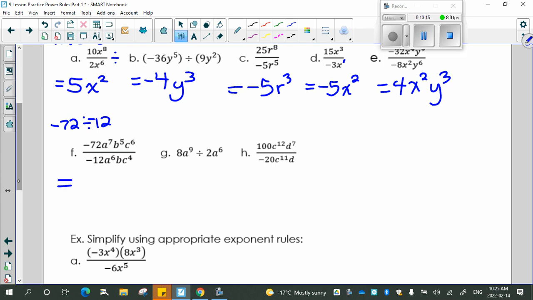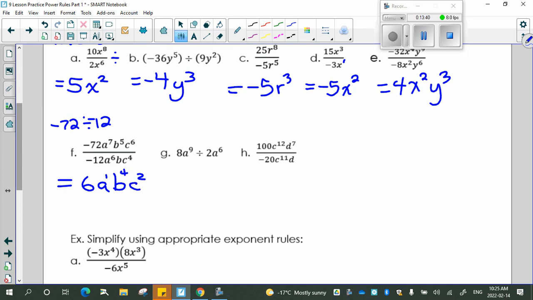Should be positive. Negative divided by negative, it says negative, it's positive. Yes. Okay, Brayden, finish it off. A to the 1. Yes. Do I need the 1? If I don't have the 1, it's understood to be a 1, but it's not wrong to have it. And then B, 4. And C squared. Good.